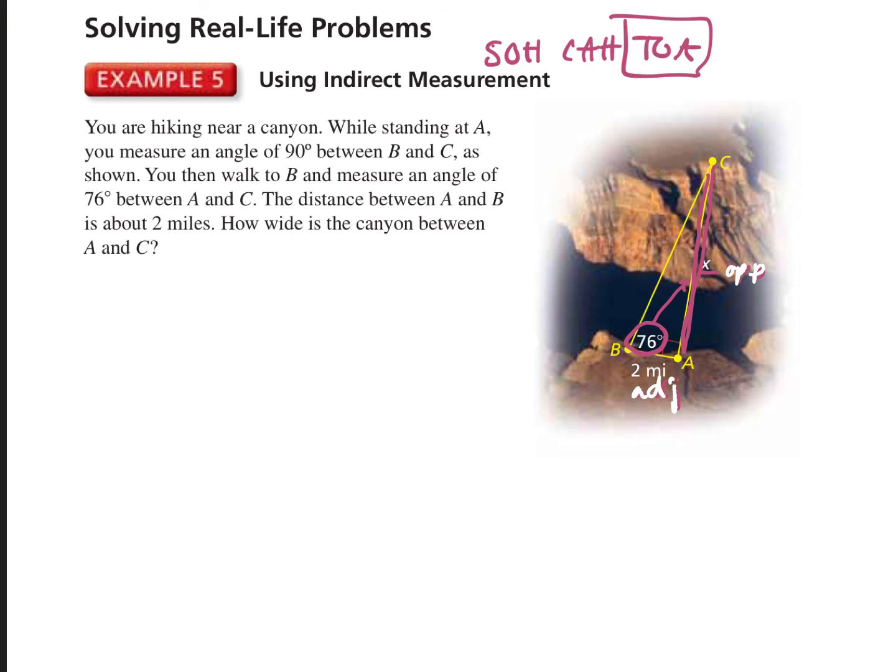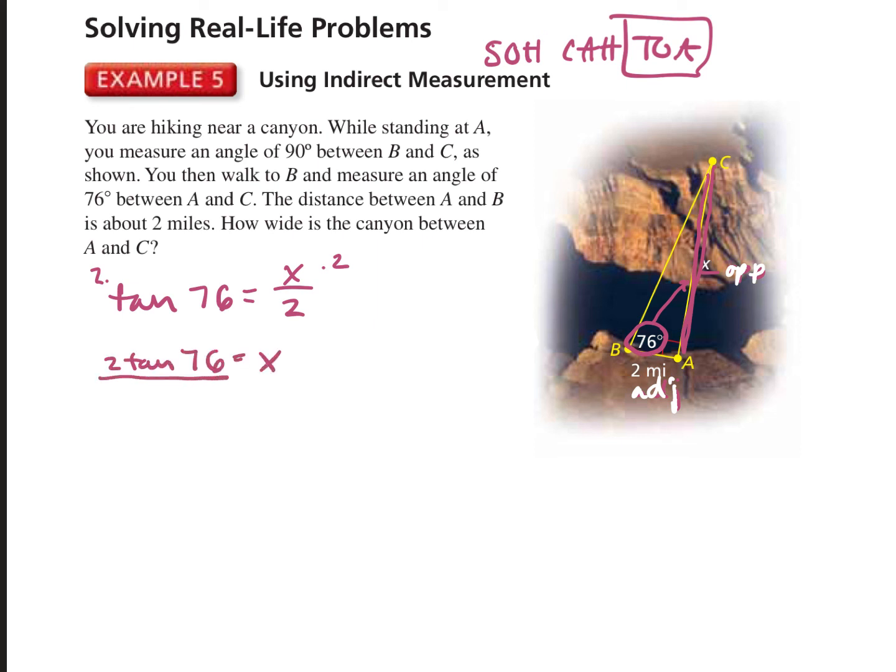Opposite and adjacent go with tangent. So tangent of our angle, which is 76, is equal to x, opposite over adjacent, which is 2. So I'm solving for x. I'm going to multiply both sides by 2. I have 2 times tangent of 76 is equal to x.